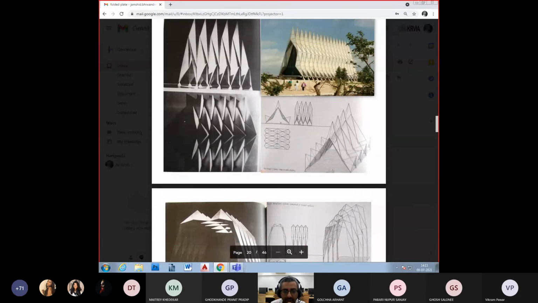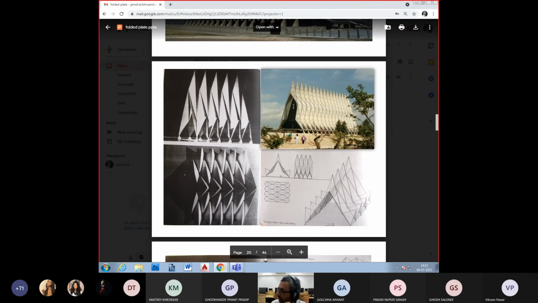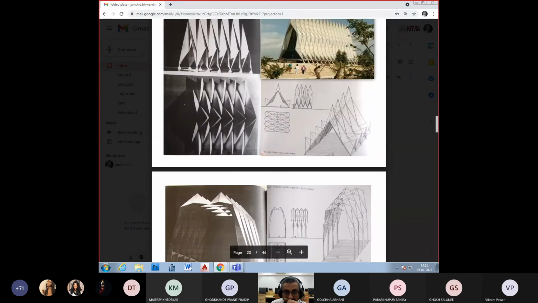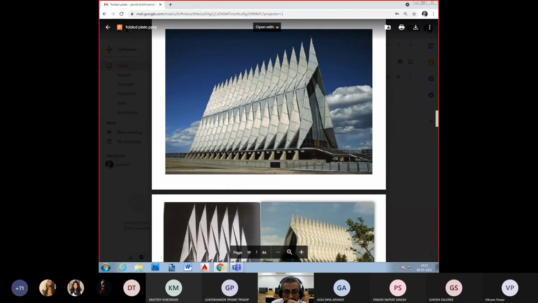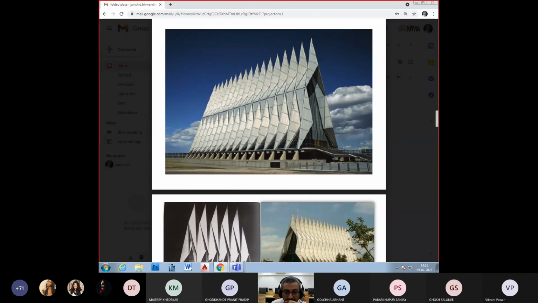And you can look here at the kind of framework that is put in place to get the kind of folds. This project has been recently rejuvenated and is considered a project to have been conserved.